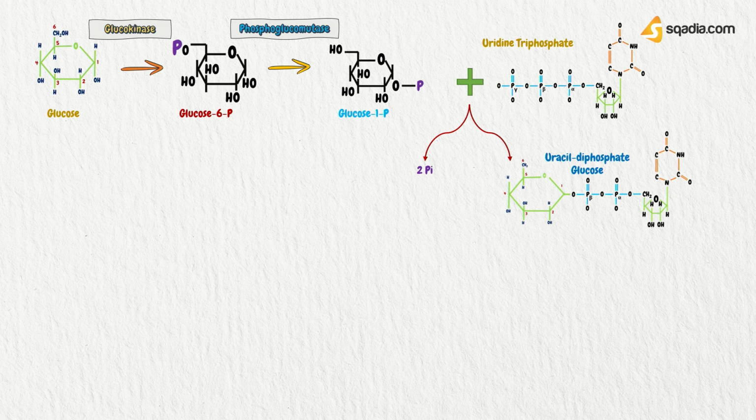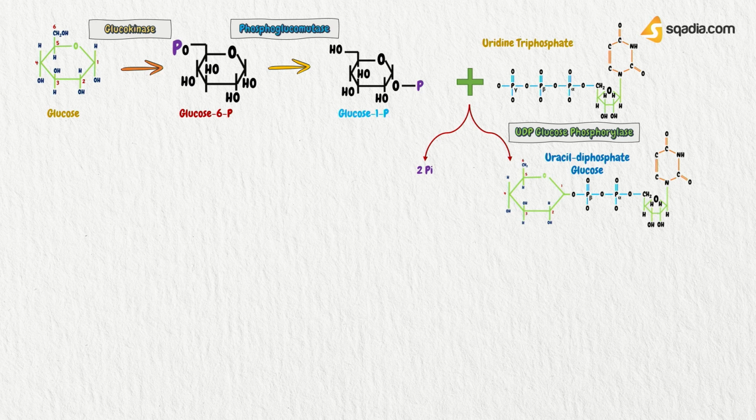After fusion of both of these compounds, this uridine diphosphate glucose is formed, and it is done by the enzyme known as UDP-glucose phosphorylase. Remember that phosphorylase enzymes are usually helpful in removing the phosphate group from a specific position.